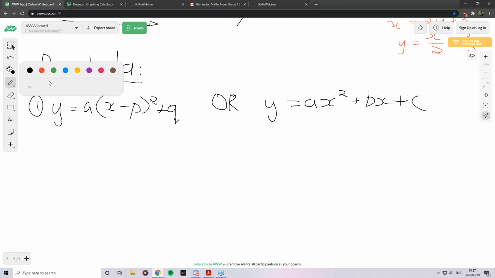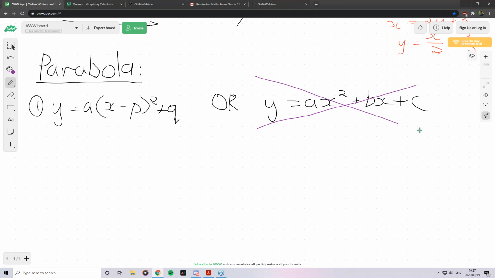Now, when we're finding the equation of an inverse of a parabola, we do not want to use this. This is a lot more difficult. Imagine you have x is ay squared plus by plus c. That's going to be very difficult to solve for y in this function because of the y squared plus by. So we don't want to use this. This makes it way too tricky for us.